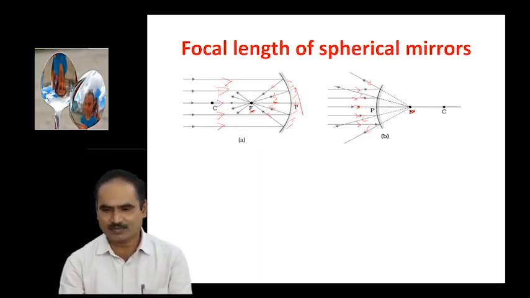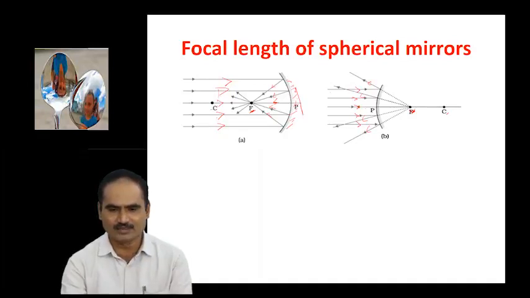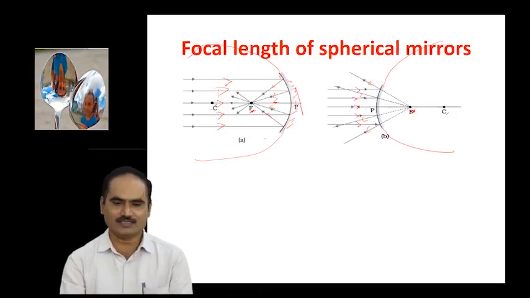At the same time, one more term we come across here is C. This C is called the center of curvature. The reflecting surface of this mirror is a part of a sphere, right? Since it is a part of a sphere, obviously it must have a center. That center is called the center of curvature, right?